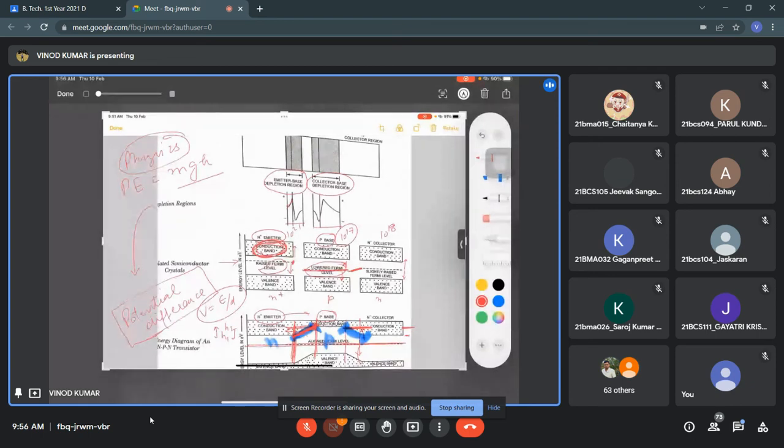So these potential barriers are going to tell us how any electron from the emitter reaches the collector. This depends upon these barriers, and these barriers depend upon their doping levels.